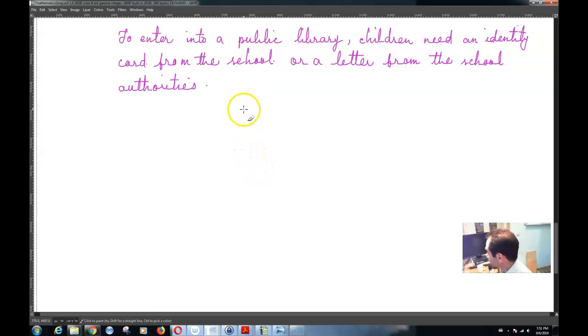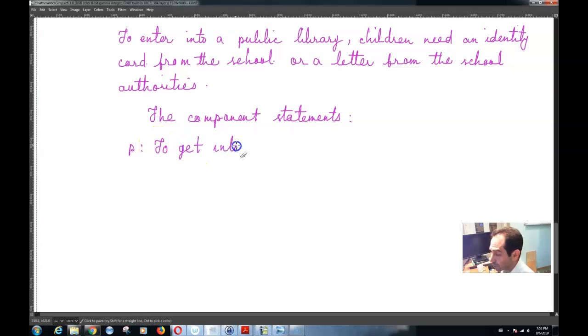So the component statements, if you call them P and Q, are: P would be, to get into a public library, children need an identity card.